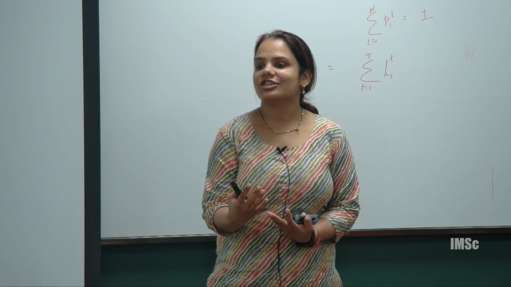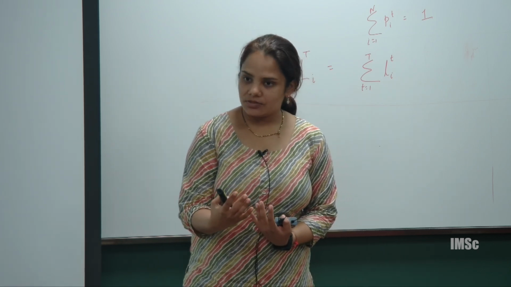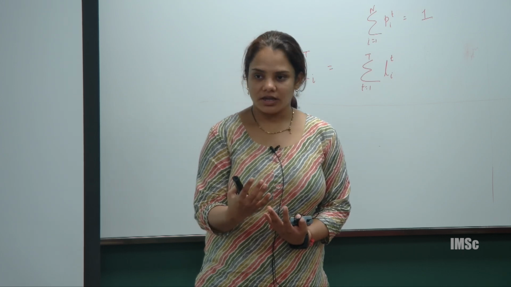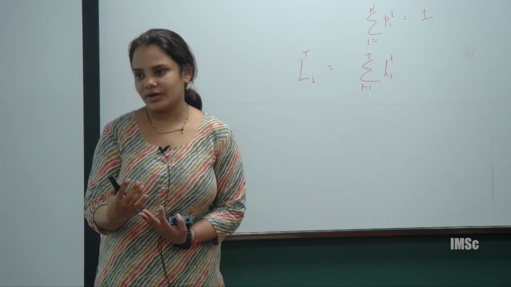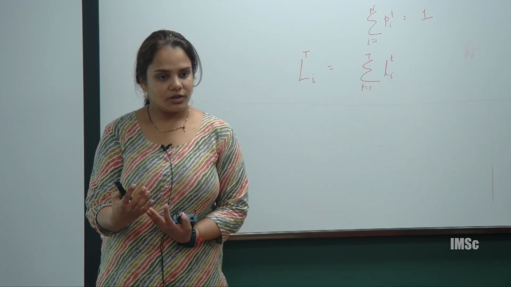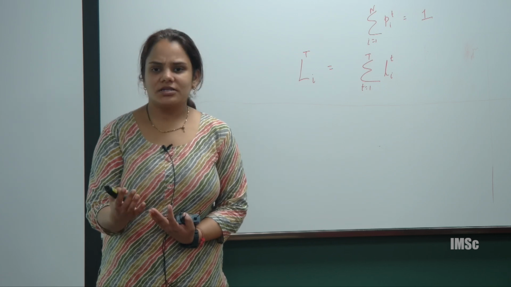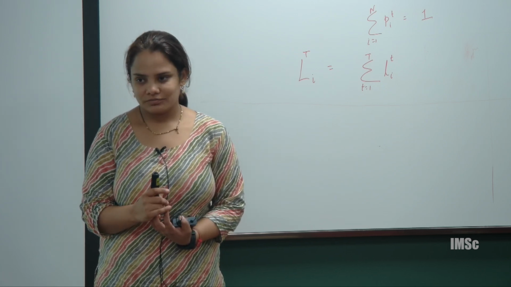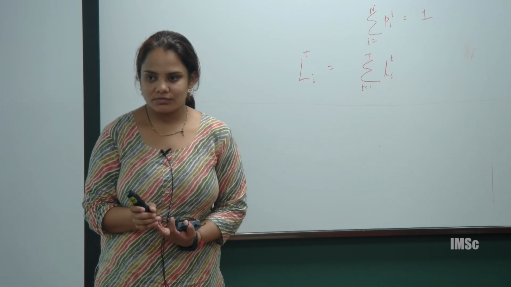They will take an action, they will incur some loss. They will realize they have made a mistake, and the next time they will take some other action. And the other person will also do the same thing. Does it make sense?